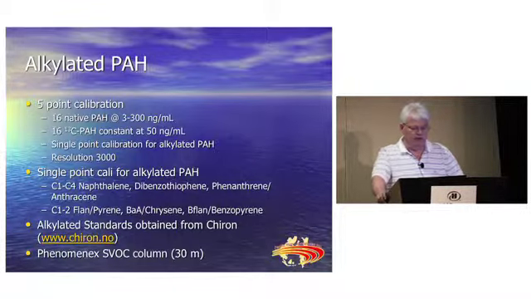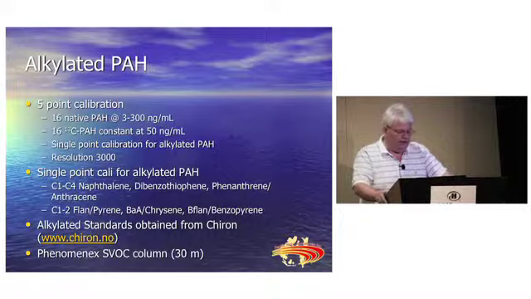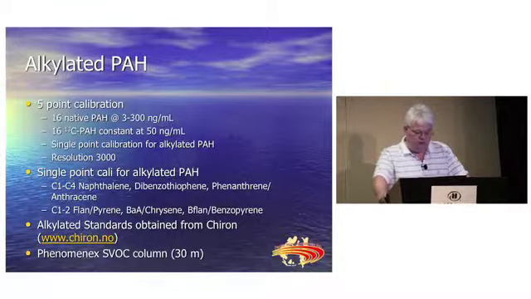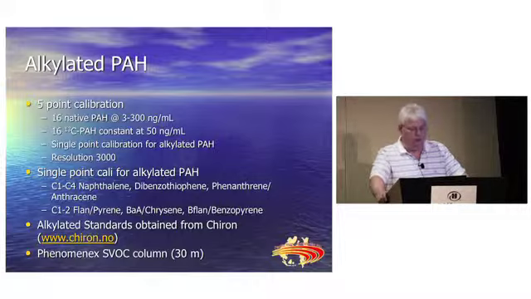We follow that with a single point calibration for the alkylated PAH, and we run C1 to C4 naphthalene, dibenzothiophene, phenanthrene, and anthracene, and then also C1 and C2 fluoranthene pyrenes, benzoanthracene chrysenes, benzofluoranthenes, benzopyrenes. We run all these standards.